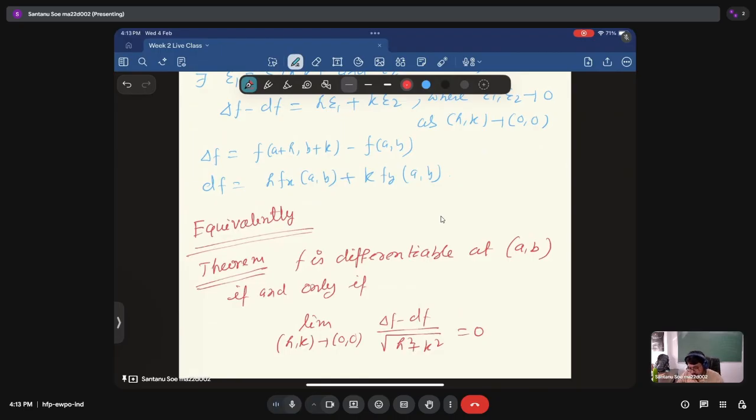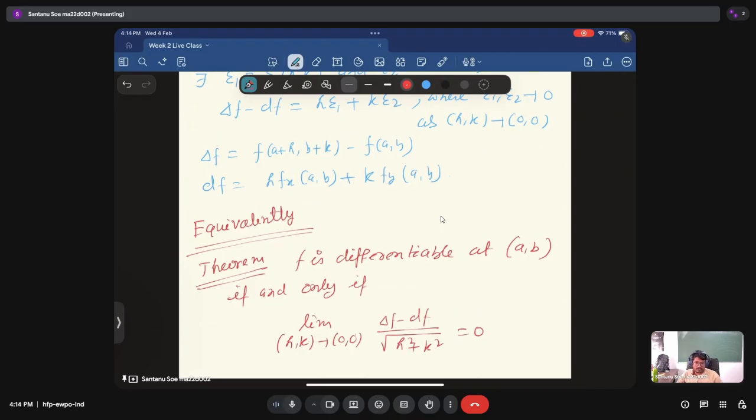If this limit is 0, then we can say the function is differentiable, and if this limit is not going to 0, then we can say the function is not differentiable. Now, this is a very good definition actually to check because we already know how to check limits of functions of several variables. So that's why it will be helpful once we find out the values of del f and df.